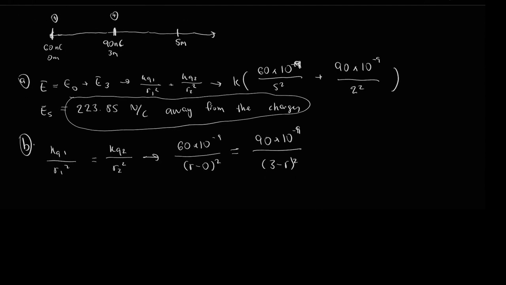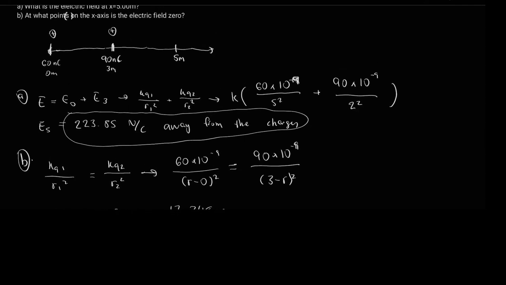Solving this for r, because it's a quadratic, we get two answers: 1.348 meters and negative 13.348 meters.